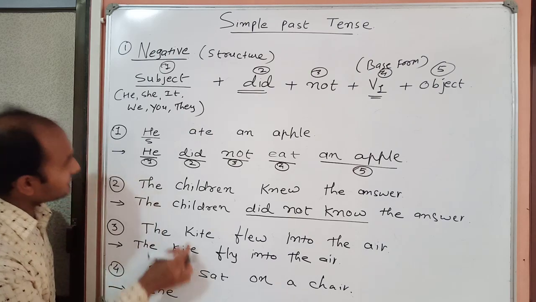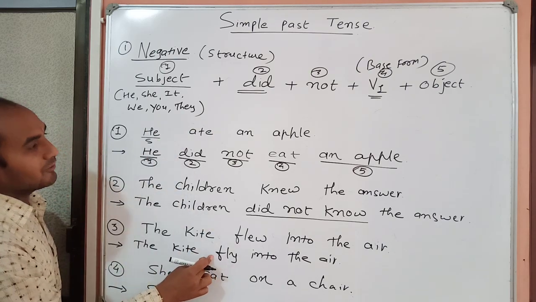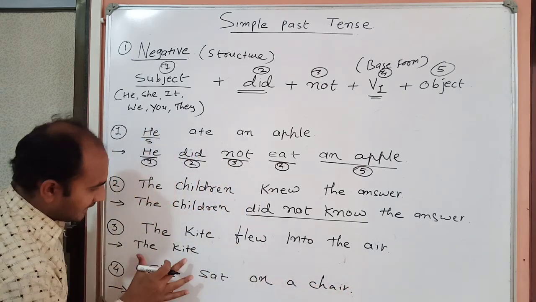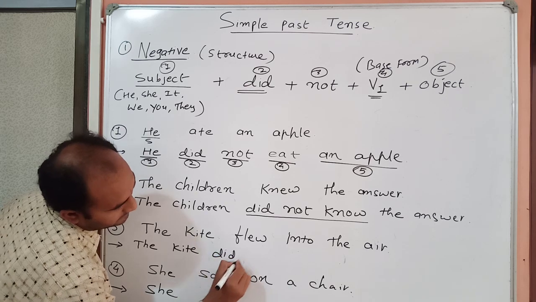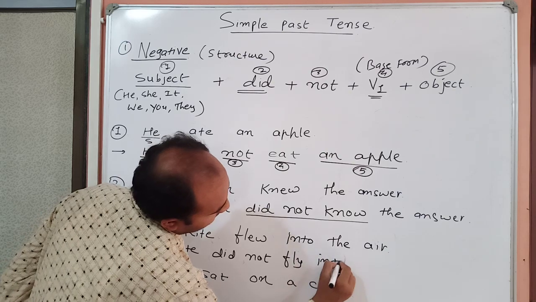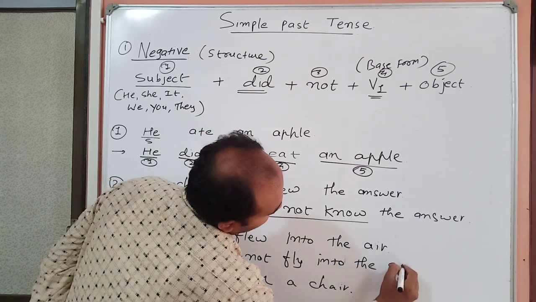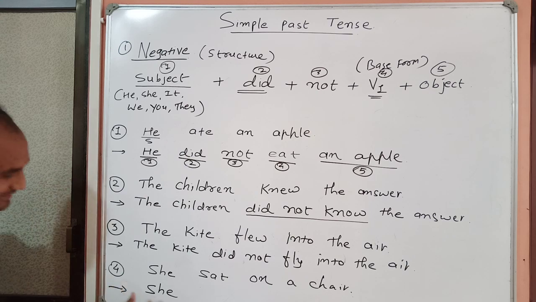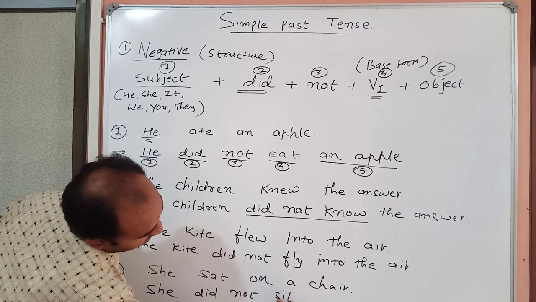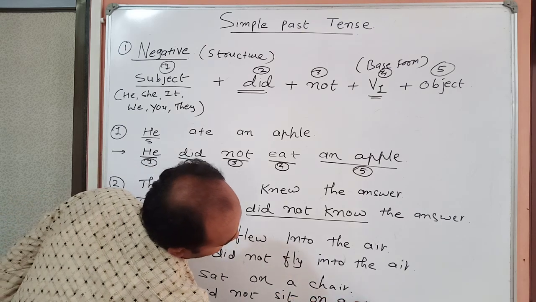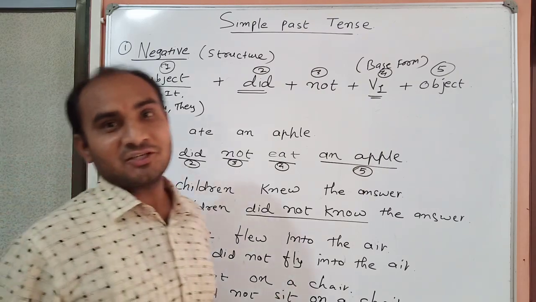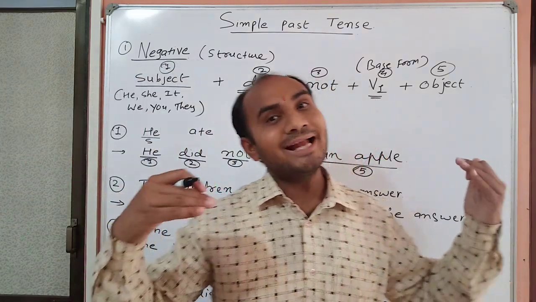We have to add it like this: the kite did not fly into the air. And the last, she did not sit on a chair. So I hope you understand positive and negative very well.